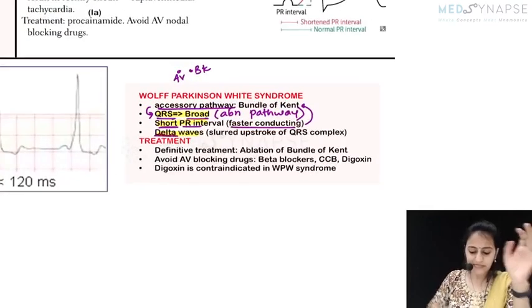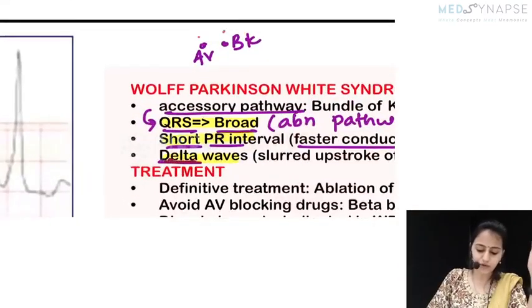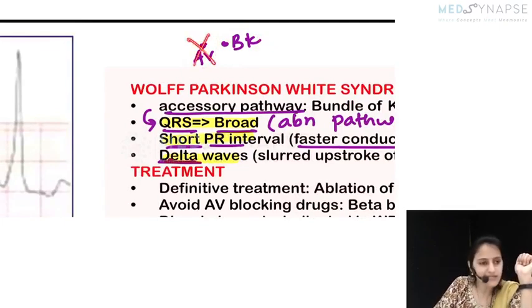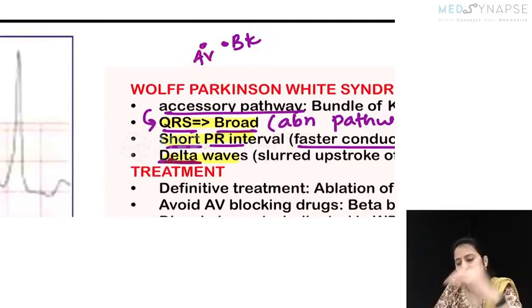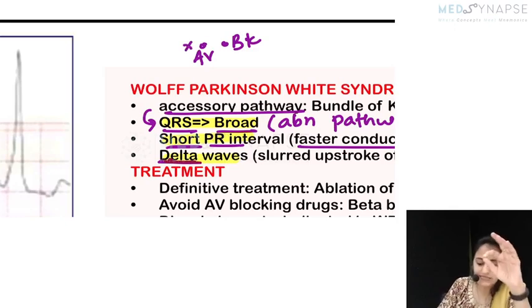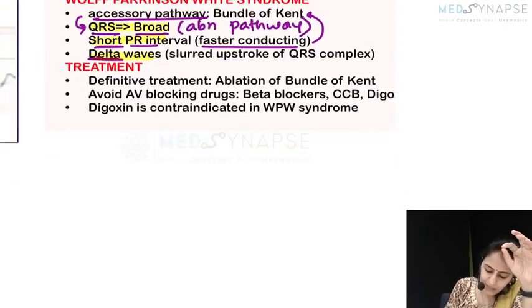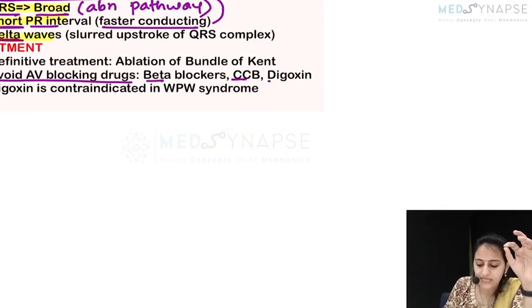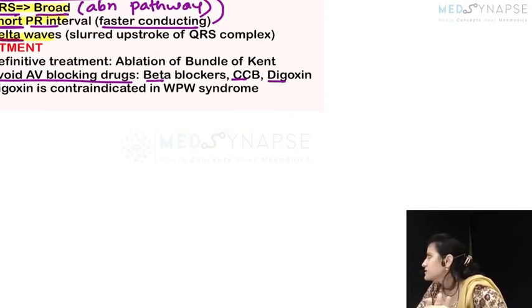To conduct the signal, there are 2 competitors, the AV node and the bundle of Kent. If you block the AV node, who will win? The bundle of Kent. So do not give AV blocking drugs in WPW syndrome. Remember, avoid AV blocking drugs, which are B, C, D: beta blocker, calcium channel blocker, digoxin, नहीं दोगे.